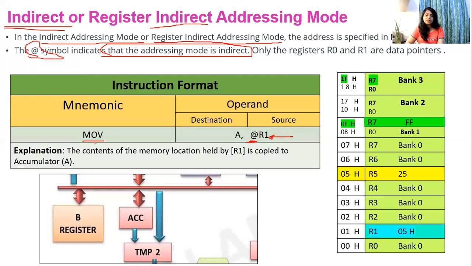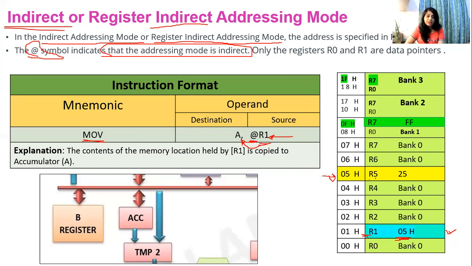So what this instruction says: move means copy the contents of the memory location, which memory location? Whose address is available in register R1, into register A. Now let's go to R1. There are various R1s, but let's consider we have chosen register bank 0, so we are talking about this R1. What does R1 contain? It contains 05. That means here R1 contains the address of a memory location. So it is not data, this is the address of a memory location. So whose address is 05? Now see, this is 05.